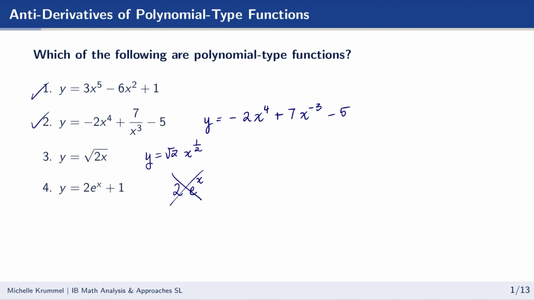But 1, 2, and 3 were all polynomial type functions. And what's nice about polynomial type functions is that it's very easy to take the derivative using the power rule. And what we're going to see is that it is equally easy to find the antiderivative by just reversing the steps of the power rule when we are working with these polynomial type functions.